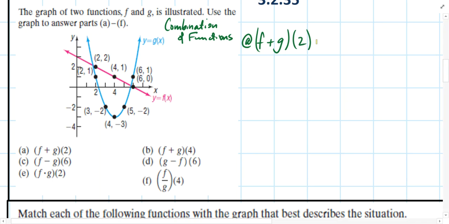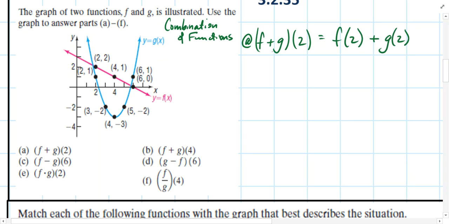And I get a lot of students that think that this means f plus g times 2, and that's not it at all. Remember, with function notation, especially if I had a single expression, f of 2, you would understand that that means to evaluate the function f at the number 2. And if I had g of 2, that would mean to evaluate the function g at 2.